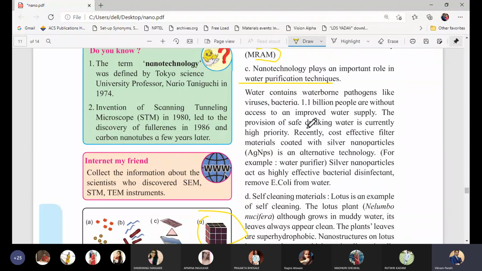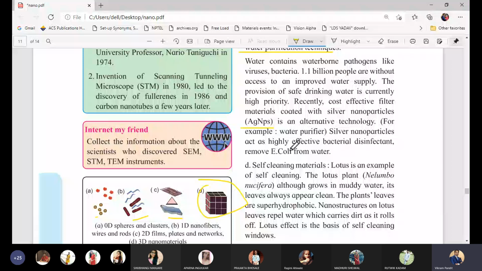If you have seen inside that water purifier, there is a rod which is generally made up of silver nanoparticles, and silver is used for killing bacteria and fungi, and it is known as a disinfectant, silver. Then self-cleaning materials are there.